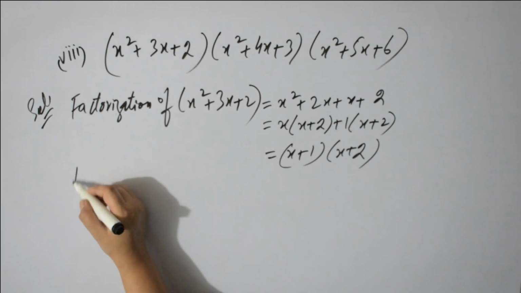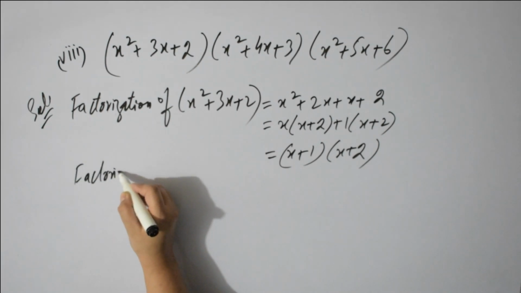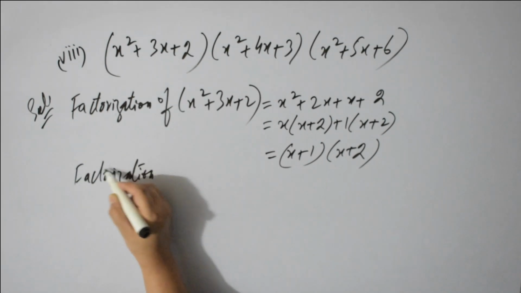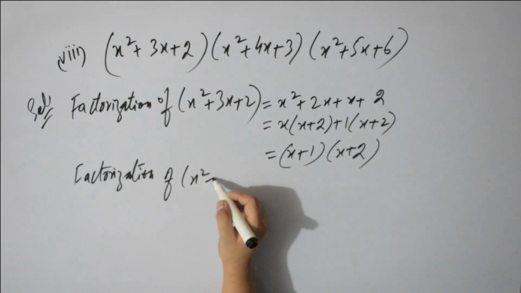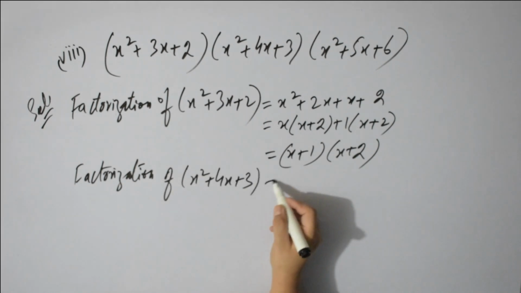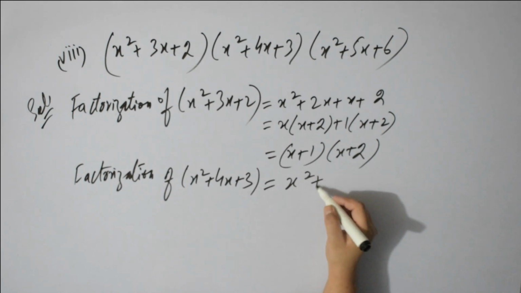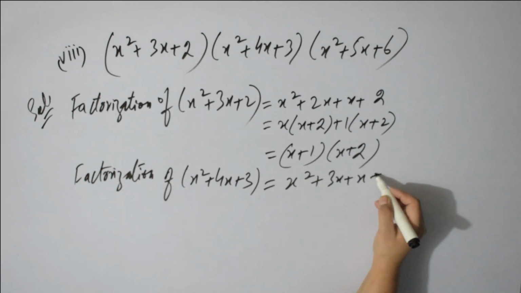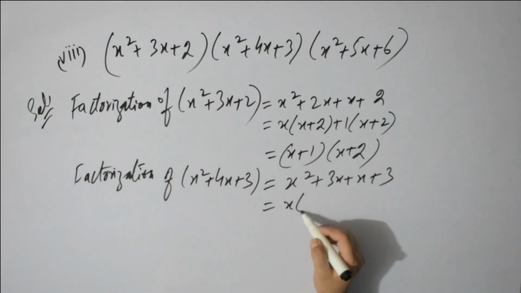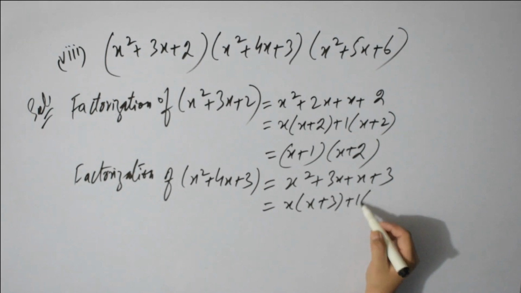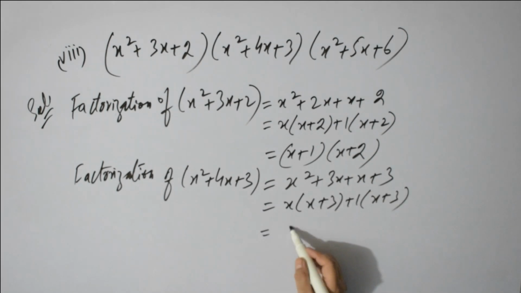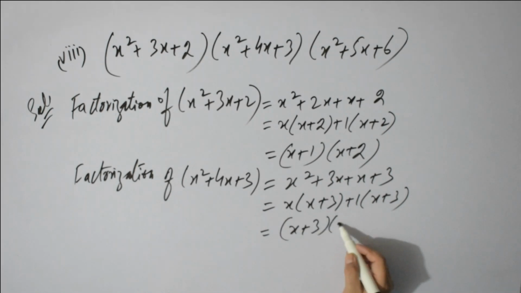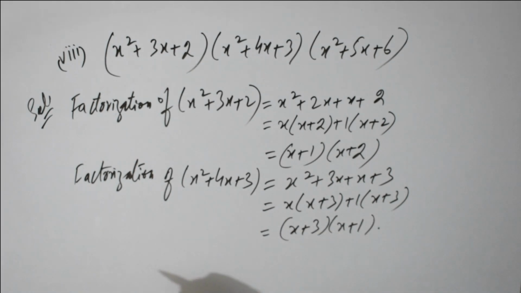Then factorization of this one: x^2 plus 3x plus x plus 3, and x plus 3, so x plus 3 and x plus 1. Now the last factorization, of my last part.